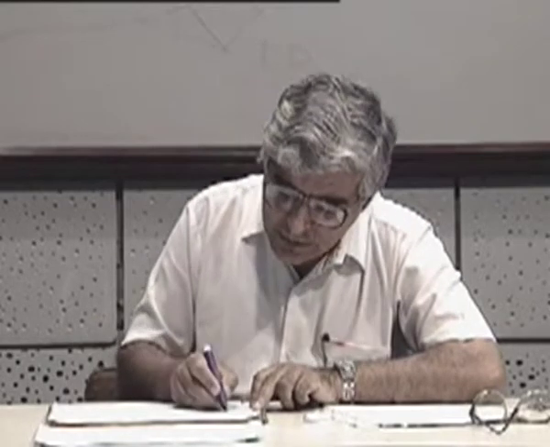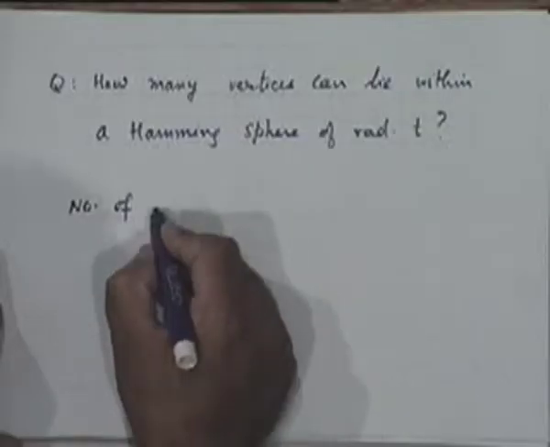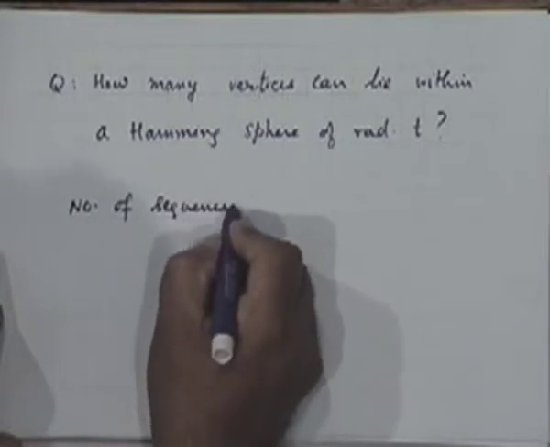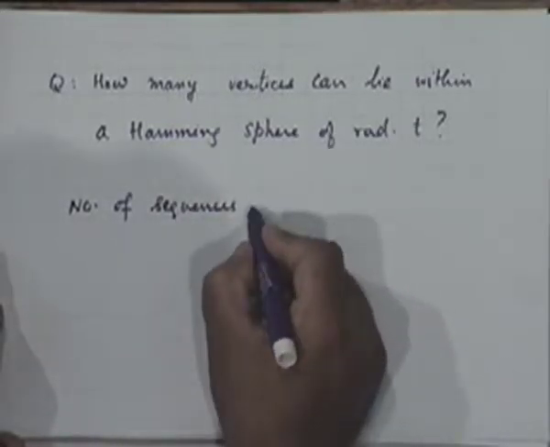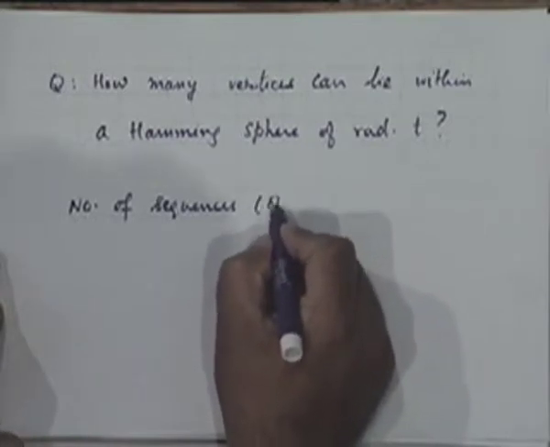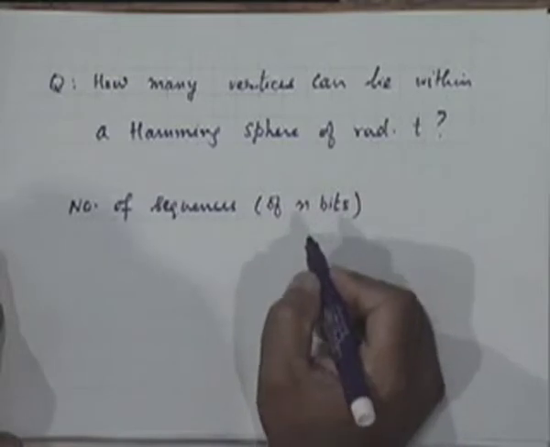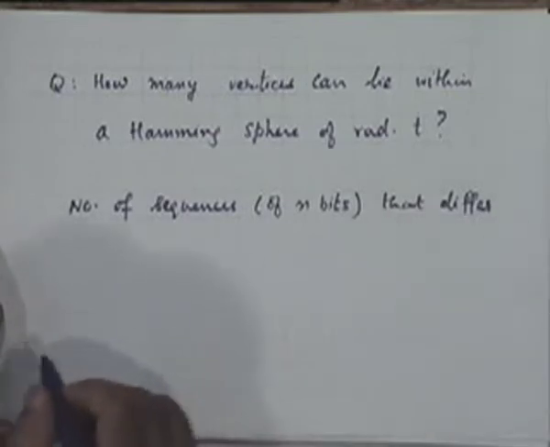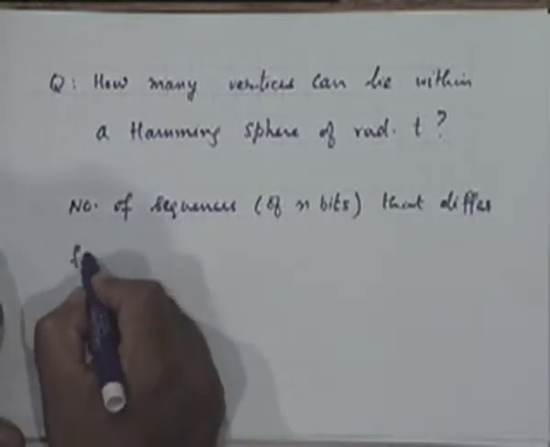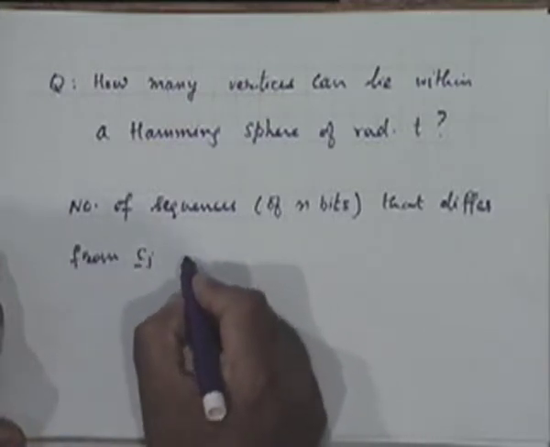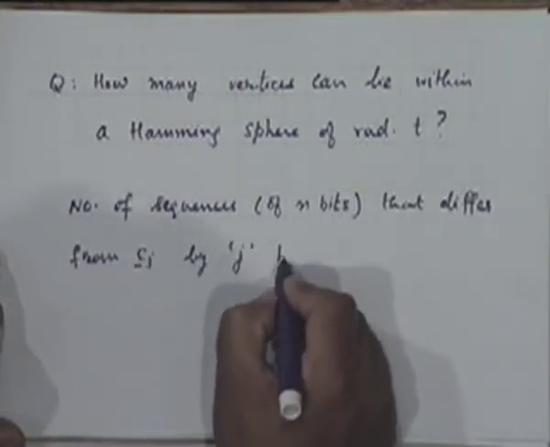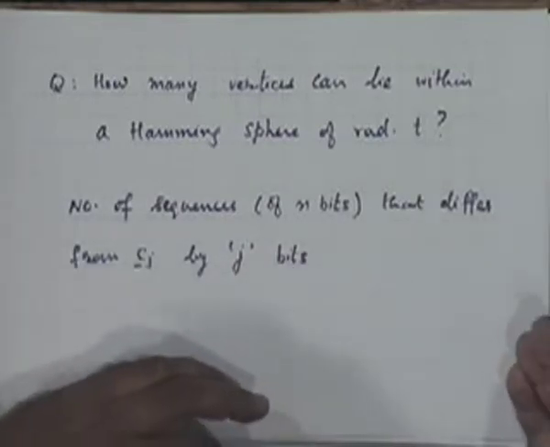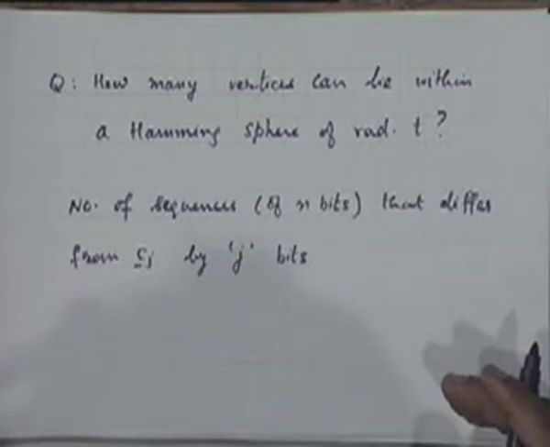And errors are up to a maximum of T. Let us look at the number of sequences that we are possibly likely to get, number of sequences of obviously n bits, because we are talking of code words, that differ from C sub j, the center code word around which the sphere has been drawn, that differ from C sub j by j bits, okay, where j is obviously less than T, because when you say up to T errors, remember we can have T errors or less.